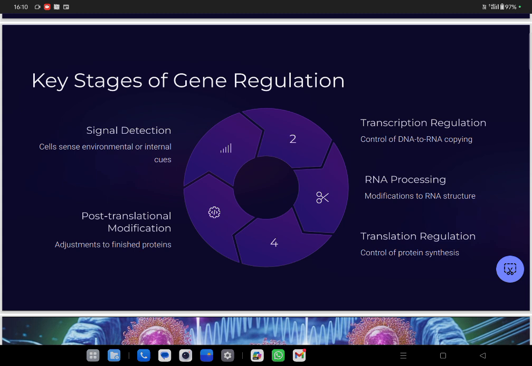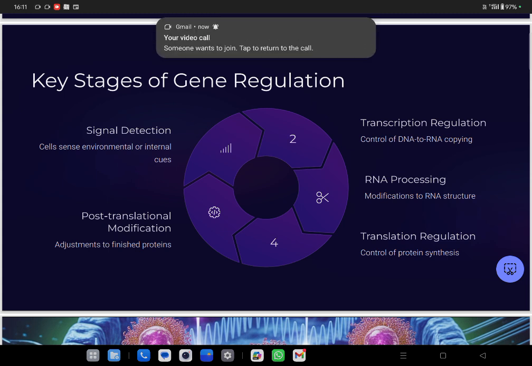Then is RNA processing. Once the messenger RNA is made, it is processed. There are modifications to RNA structures, and they can also act as regulators. Some make the mRNA more stable, so more protein is made. Some are short-lived and less stable, so less protein is made, and that's perhaps what is required by the cell. The next is translation regulation, where protein synthesis is controlled.